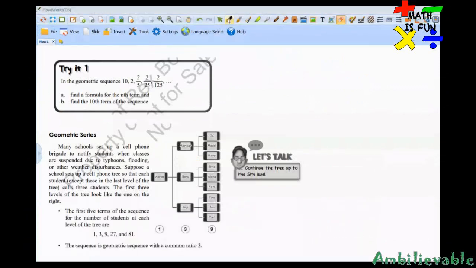Okay, so let's start to recall our formula on geometric series. So what was the formula that we had? We had a sub n equal to a1 r to the n minus 1.